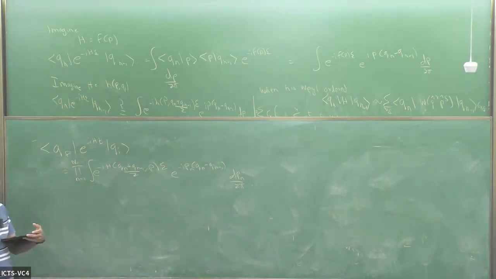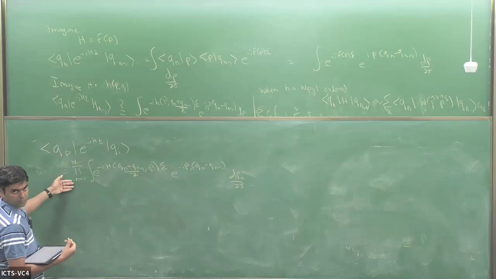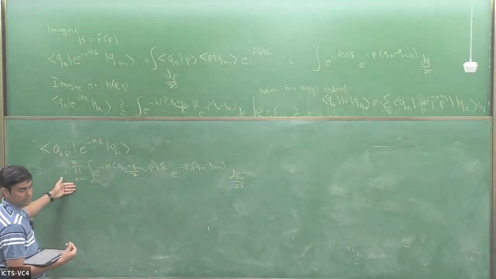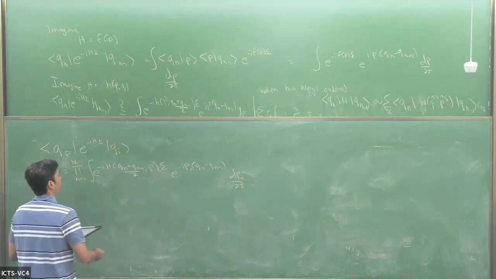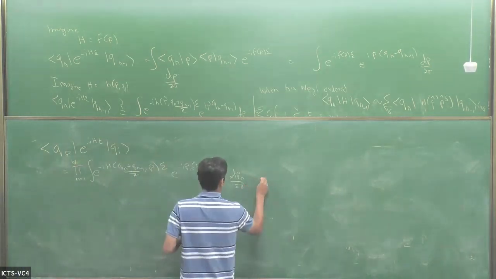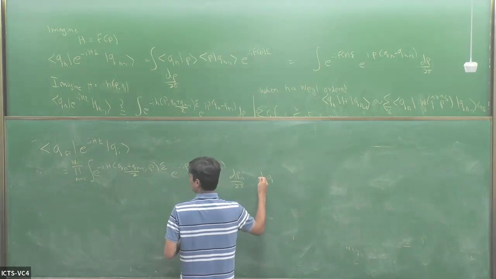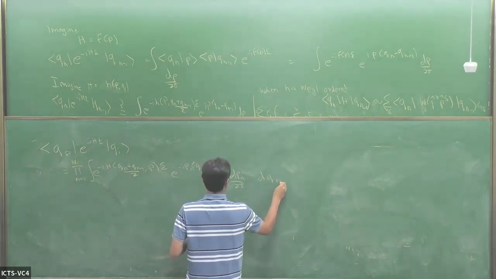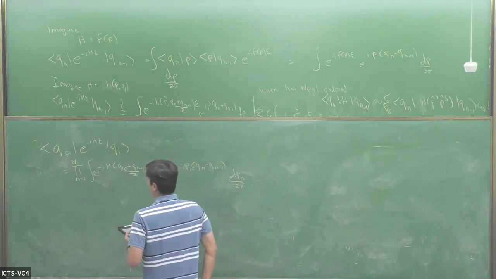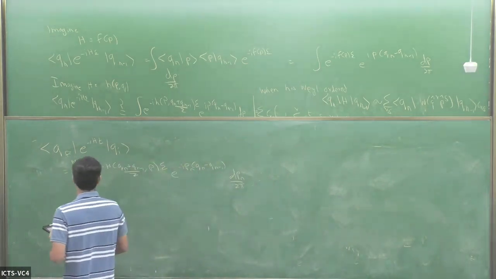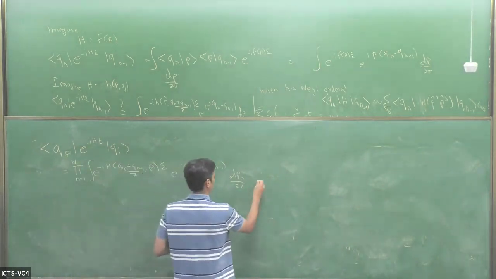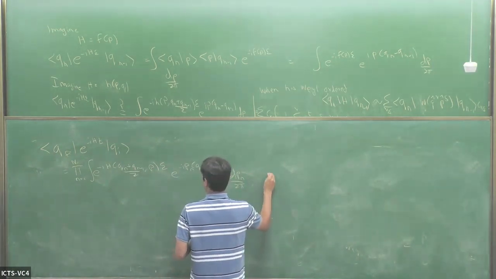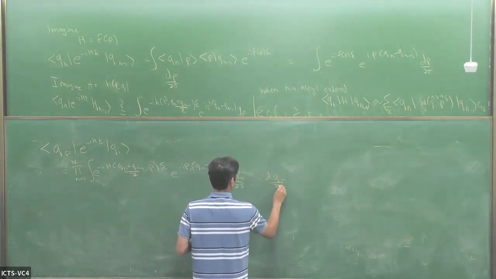Okay. Notice that I have a large number n of p integrals here. And we also have integrals over dqn over 2 pi.